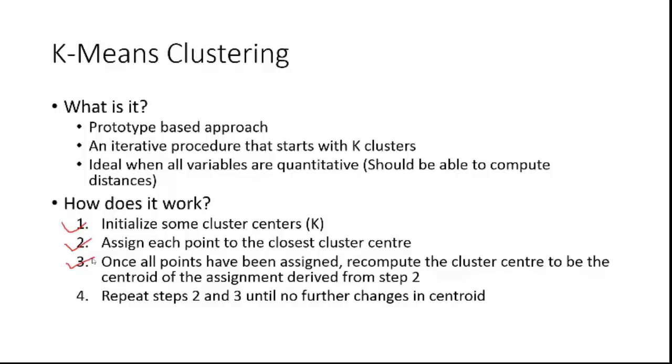So we'll then, for instance, take all the data points that were assigned to cluster center 1, and we gave them all the labels that, hey, you're assigned the data point X, you're assigned to cluster center 1, data point Y, you're assigned to cluster center 1. So all of them that were assigned to cluster center 1, we'll take those data points and compute the centroid of those data points.